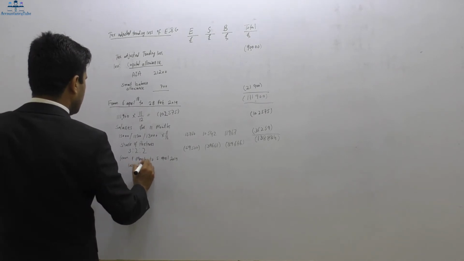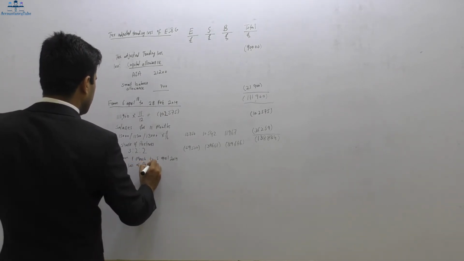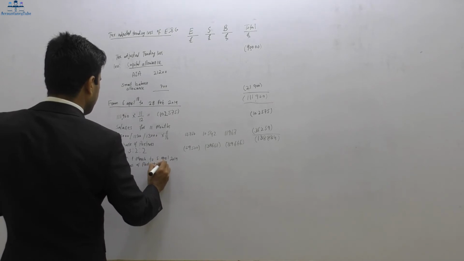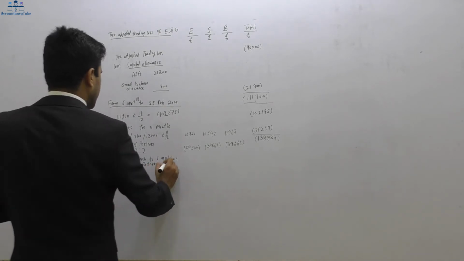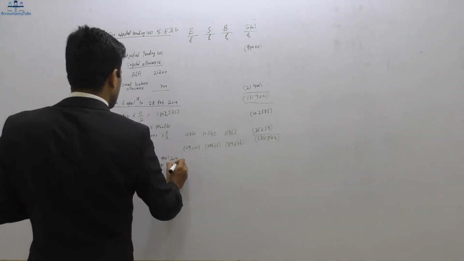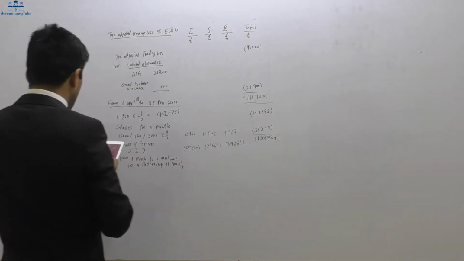loss of partnership. So the loss of partnership is 111,900 times 11/12.